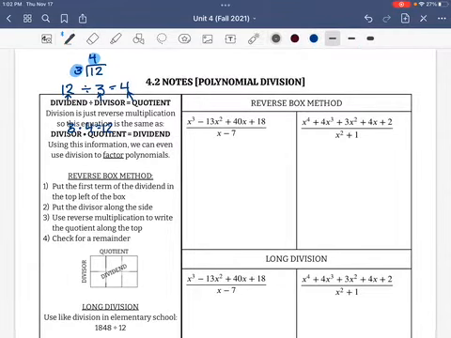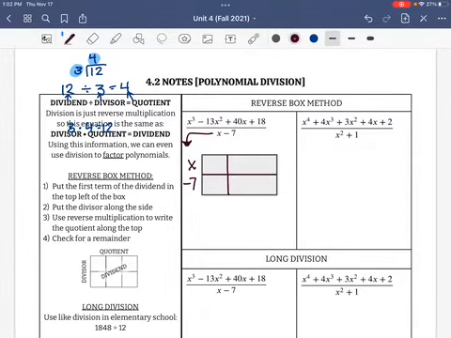We're going to draw our box to start with. Awesome. Then we're going to put the denominator over here along the side. And we're going to draw our first column, and we're going to have a row right here. And you're going to put the first term of the dividend, which is essentially the numerator, in the top left of the box.